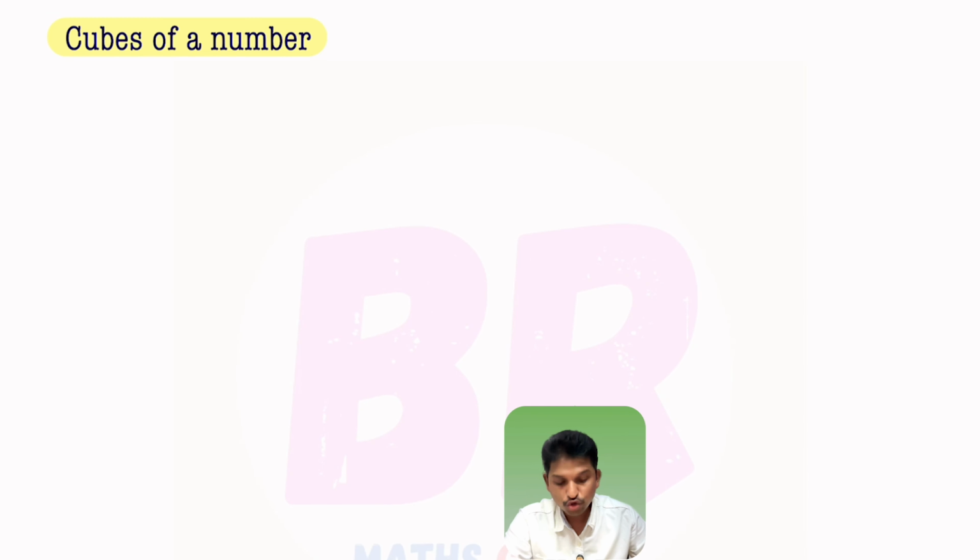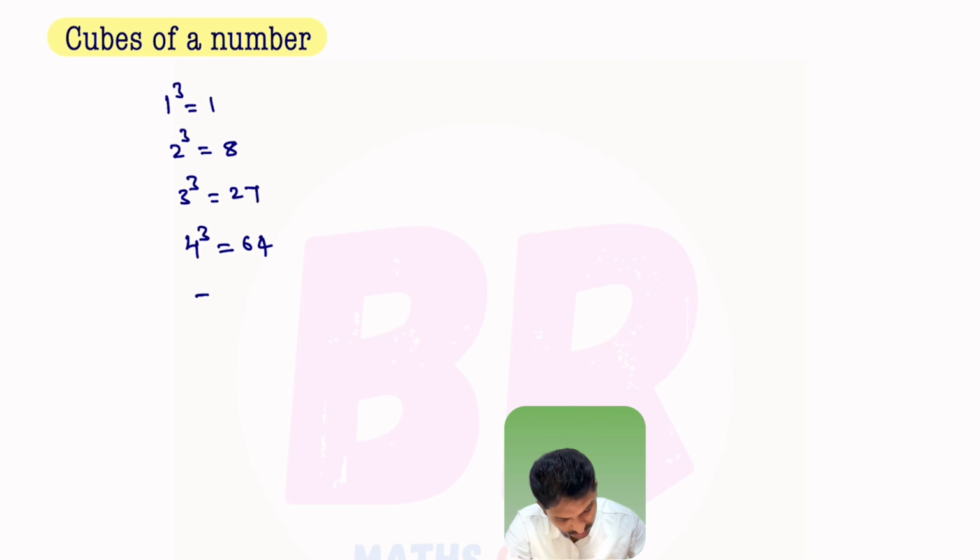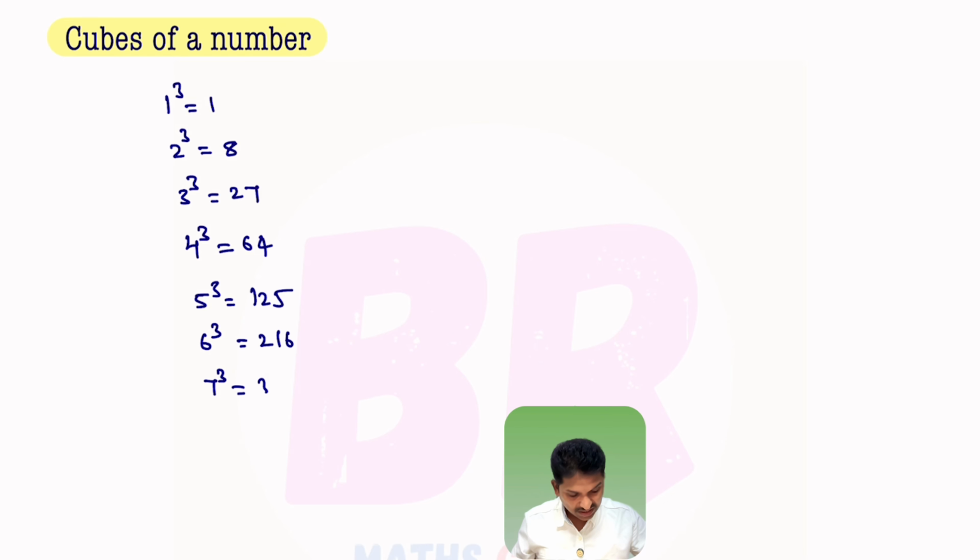Now cubes. Cube of a number. 1 cube. This is simple. 1. 2 cube. 2 cube is 2 into 2 into 2, that is 8. 3 cube 27. 4 cube 64. 5 cube 125. 6 cube 216. 7 cube 343. 8 cube 500. 9 cube 729. 10 cube is 1000.